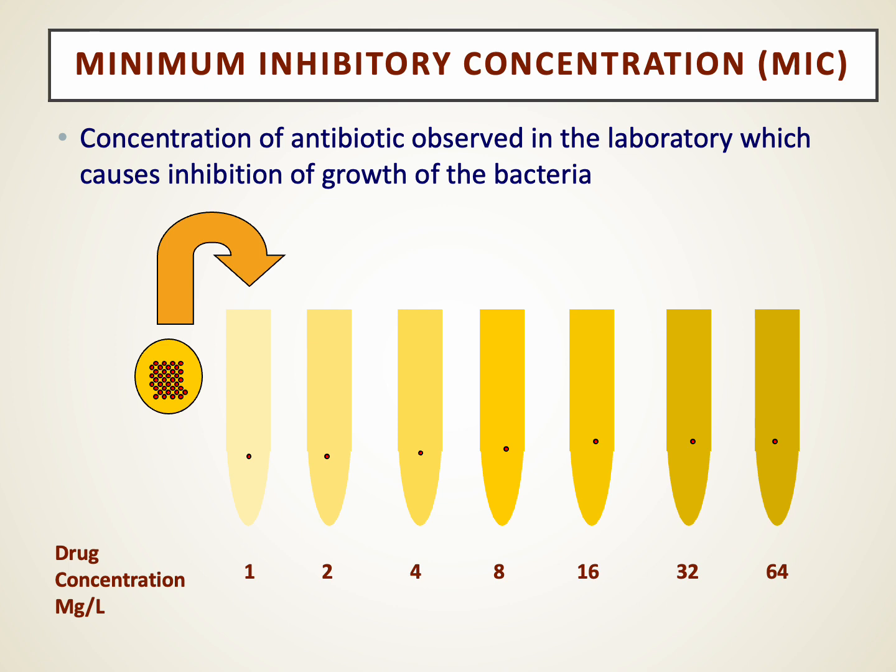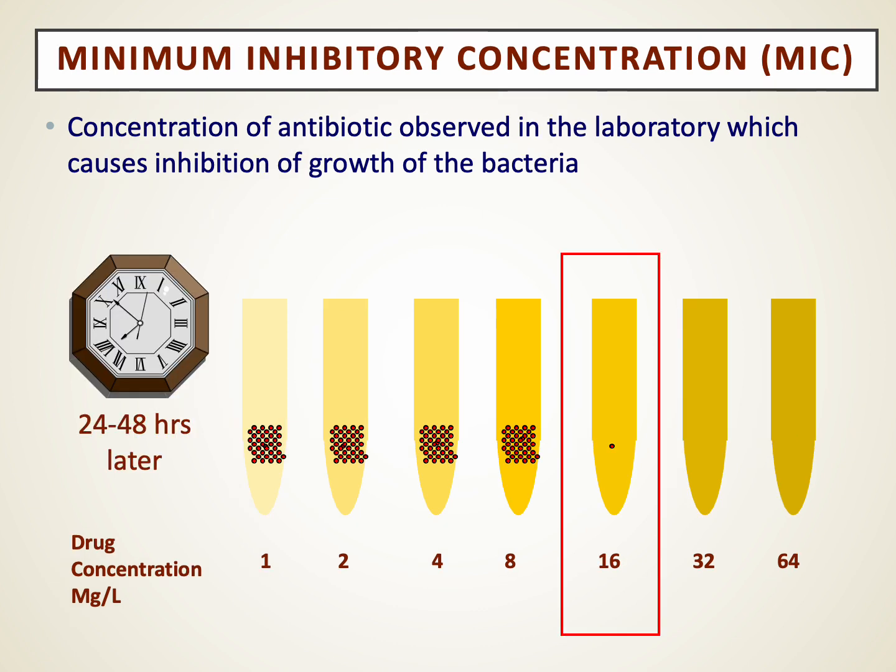Then it's incubated for a period of time at a warmer temperature that would foster bacterial growth. After 24 to 48 hours, they will look at which concentrations have bacteria growing. In this case, once we get to 16 milligrams per liter, this is considered the minimum inhibitory concentration, at which we will inhibit the growth of bacteria.